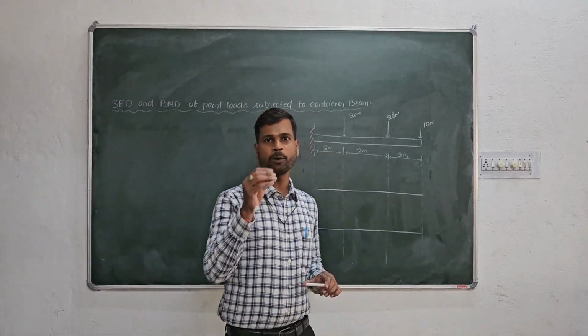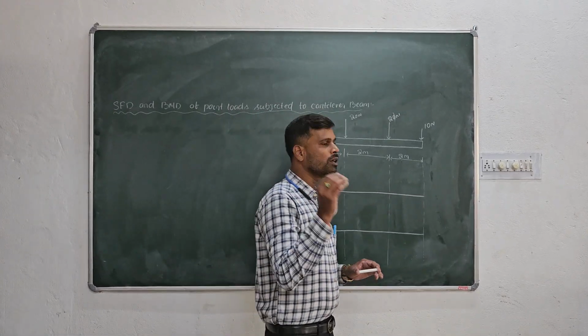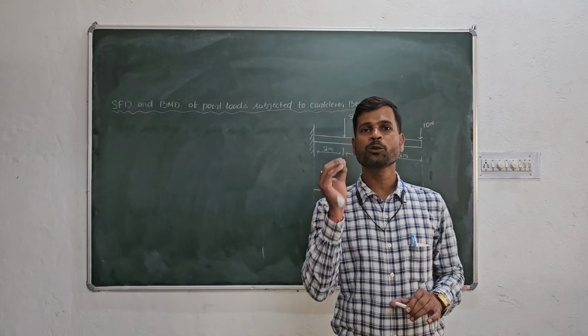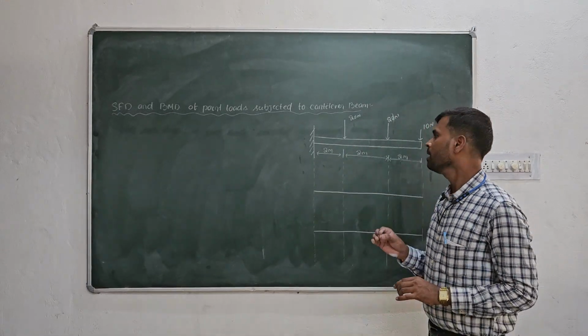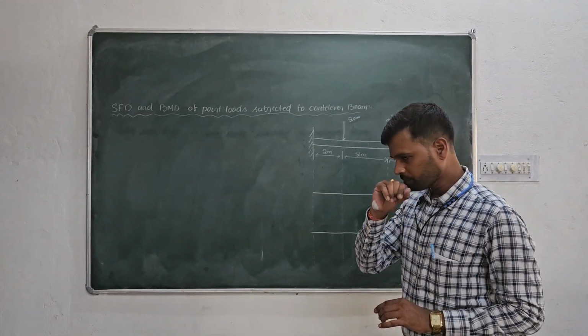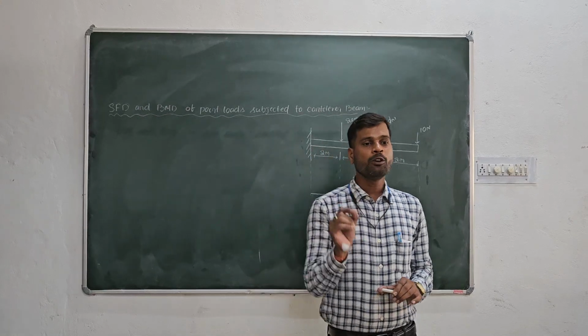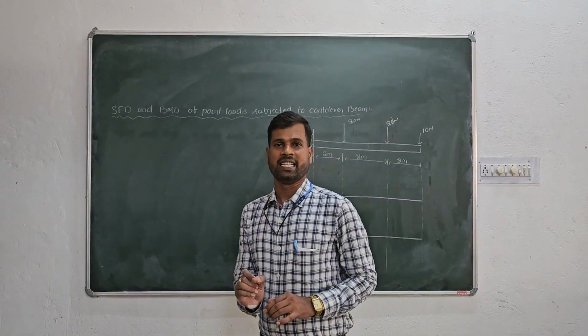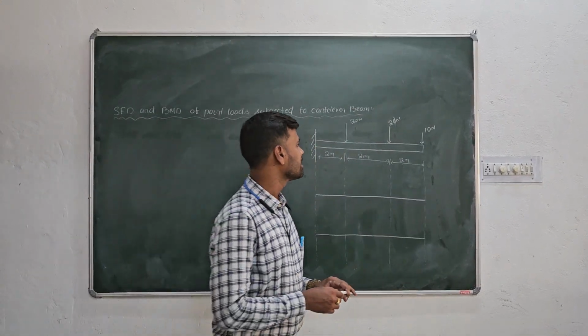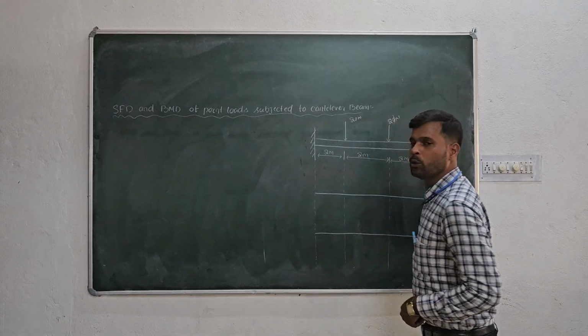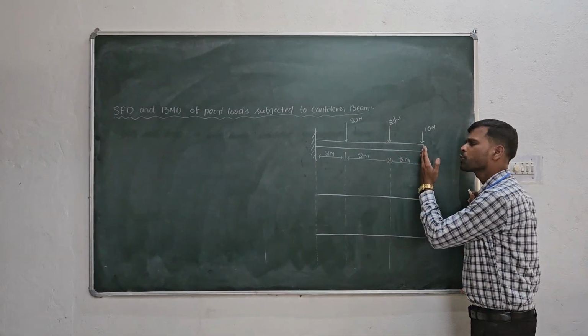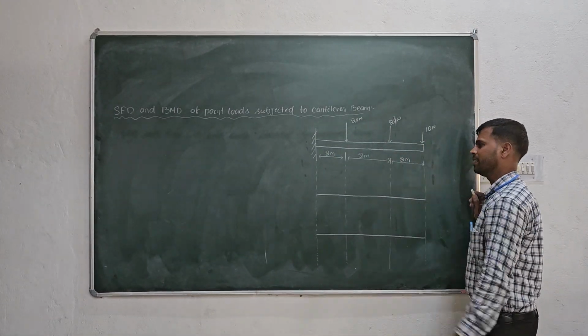For calculation purposes and for our easiness, first we will give names to the salient points. Salient points are the points where the value of shear force or bending moment may change. Here is a point where a load is acting, so definitely some shear force and bending moment will act.